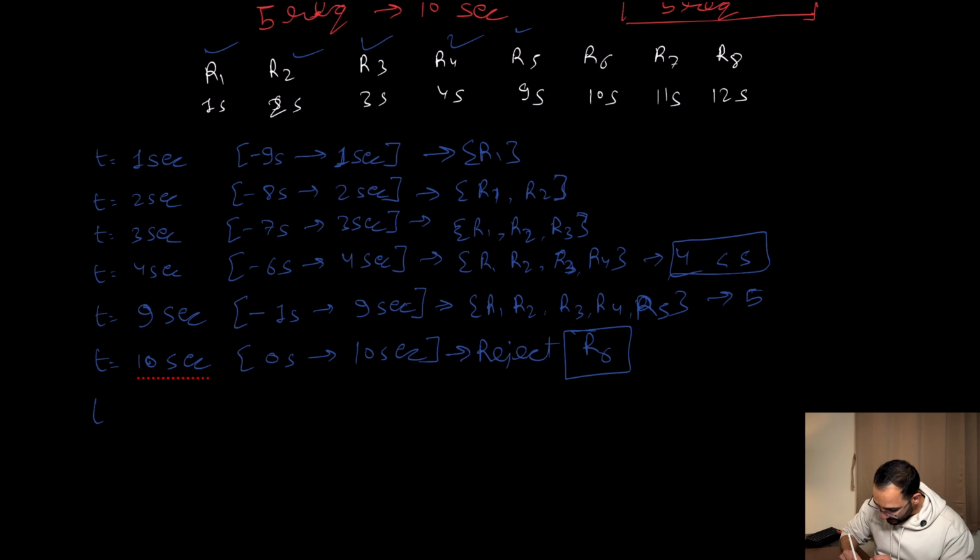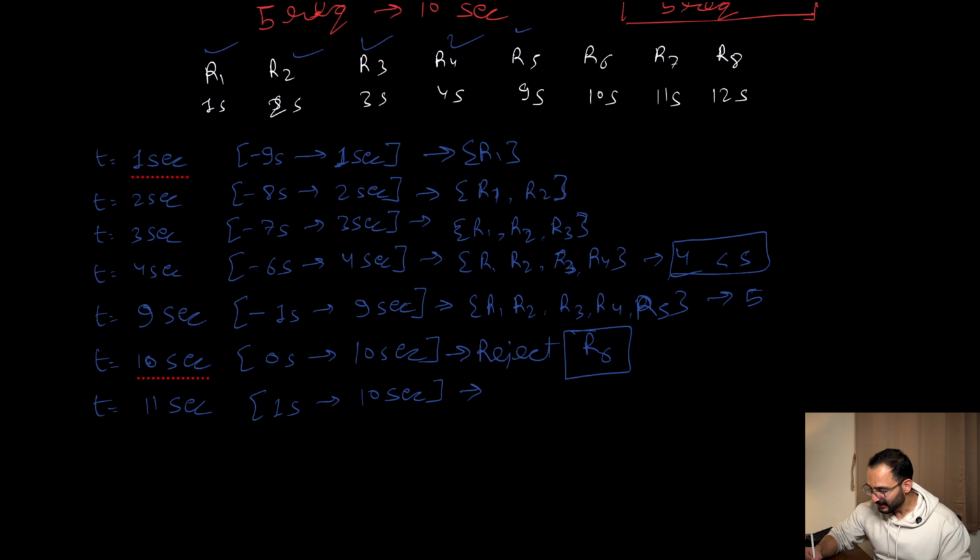And at t equals 11 second, our window is 1 second to 11 second, and request R1 came at 1 second. So even in this window of 1 to 11 second, we have R1 sitting on the border at 1 second. That is why we'll reject R7 too.